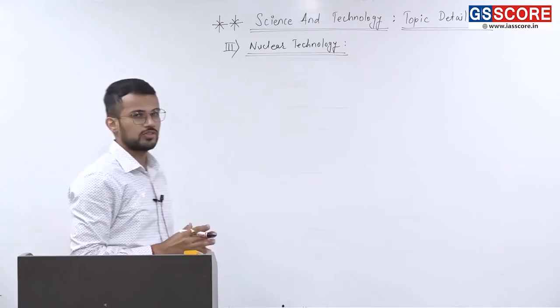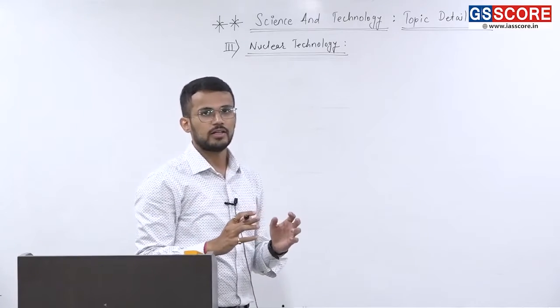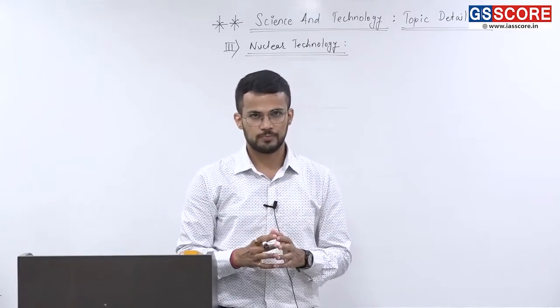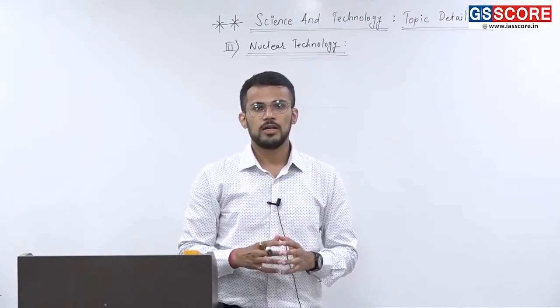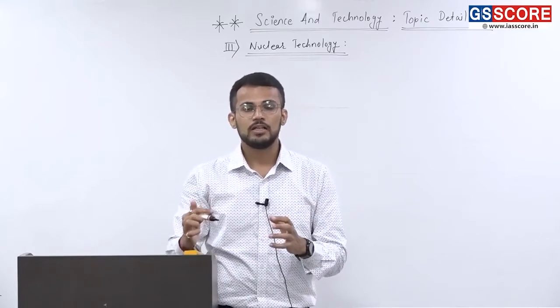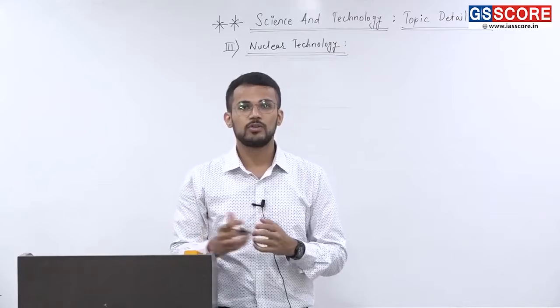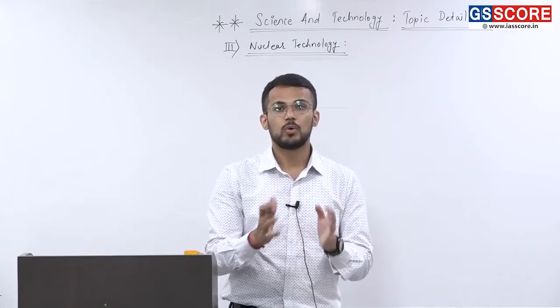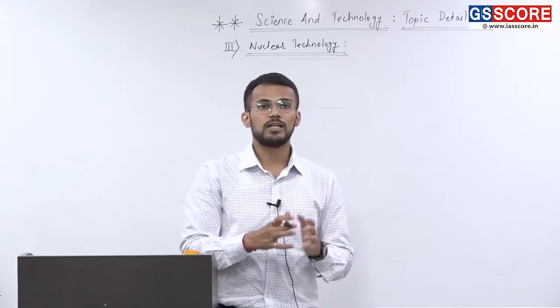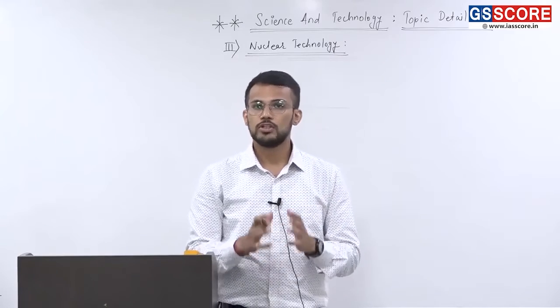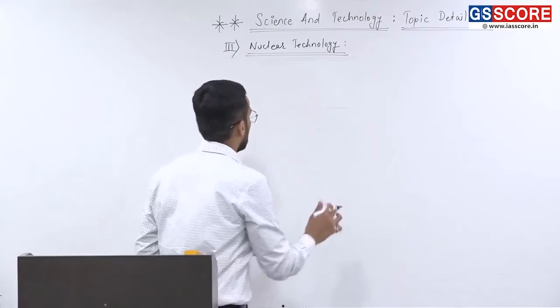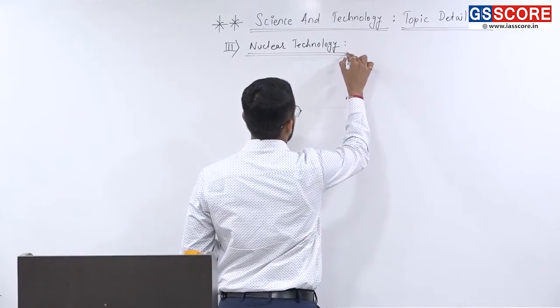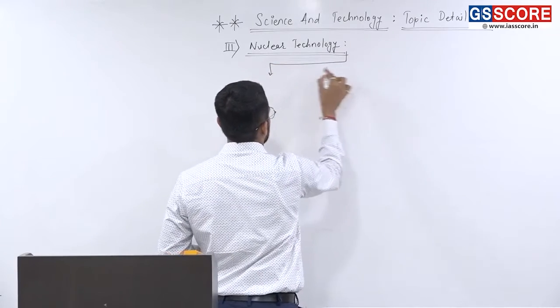Now, nuclear technology chapter can be divided into two parts. In first part, it is important to study the technological aspects related to nuclear technology. And in the second part, it is important to study diplomatic aspects related to nuclear technology. So we will also divide nuclear technology in two parts.